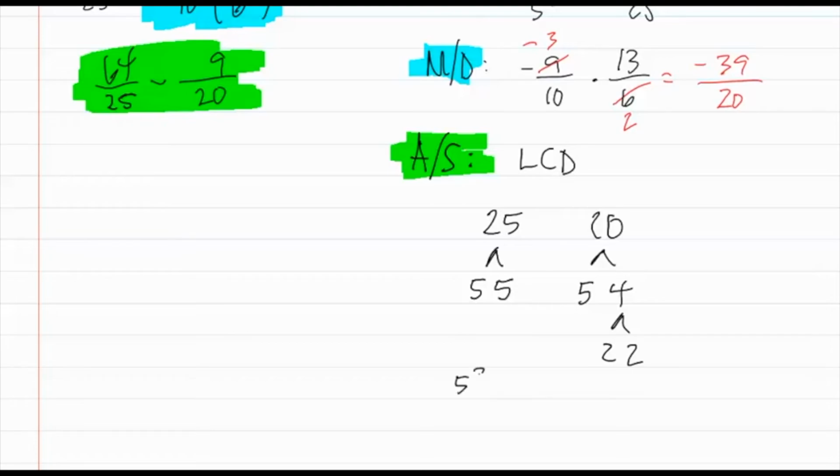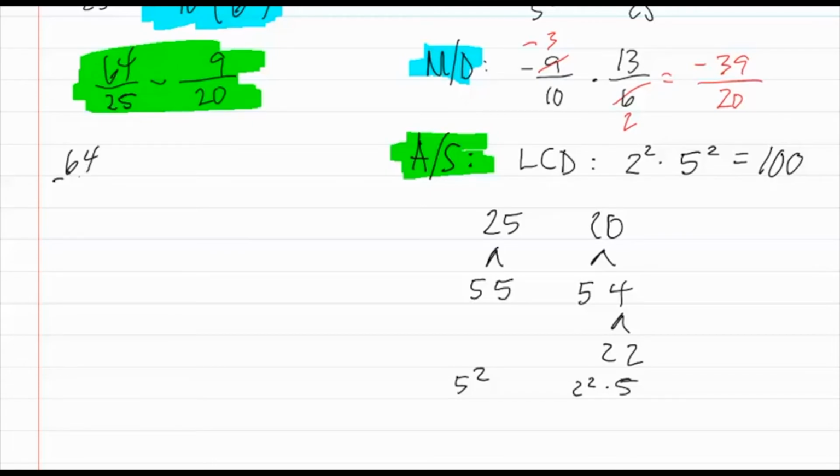So this gives us a 5 squared and 2 squared times 5. So our least common denominator has both 2's and 5's, specifically 2 2's and 2 5's, remembering that we take the highest exponent from each. This means we have 4 times 25, or 100, is our least common denominator.